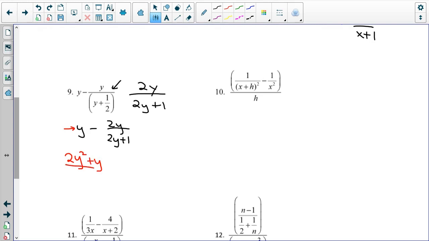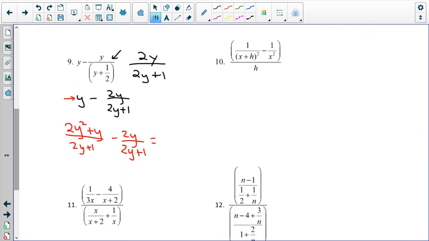So I get 2y squared plus y over 2y plus 1 minus 2y over 2y plus 1. And then I can simplify this to 2y squared minus 2y plus y, which gives me minus y over 2y plus 1. I could factor the numerator, but it wouldn't give me anything that I could cancel with the denominator.